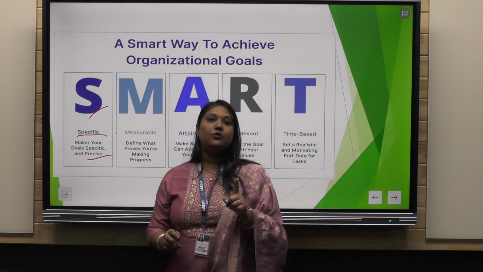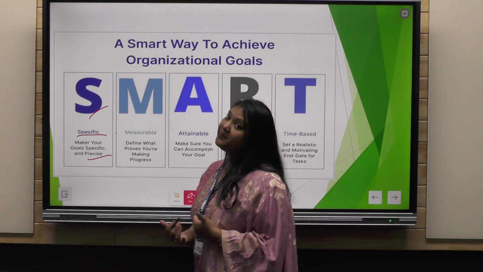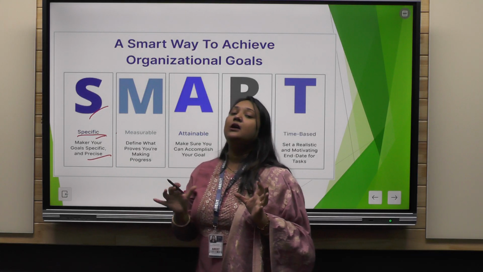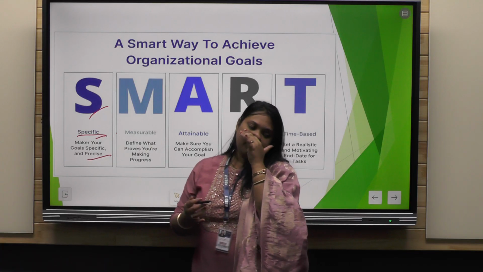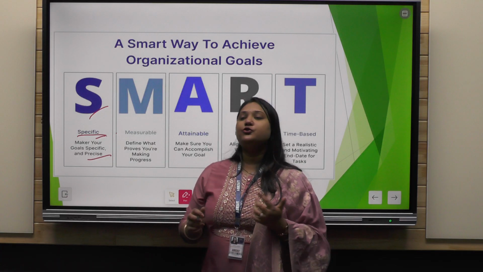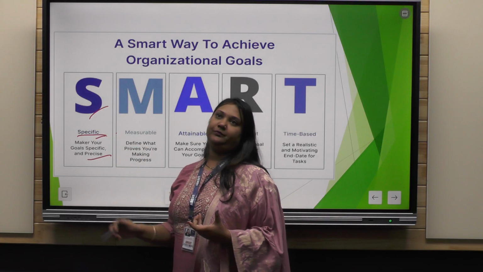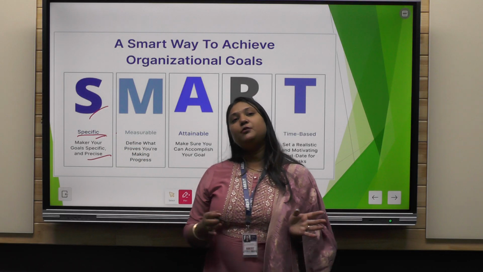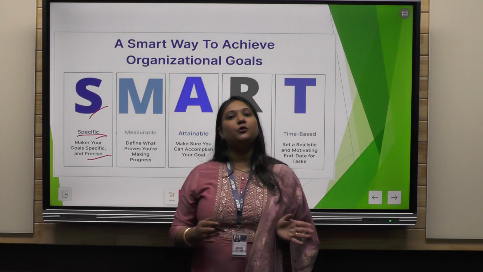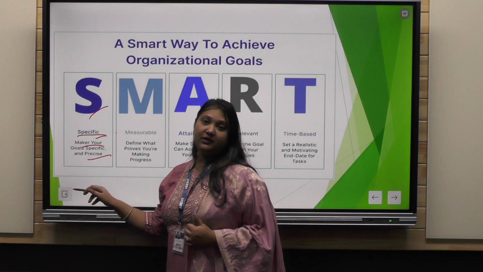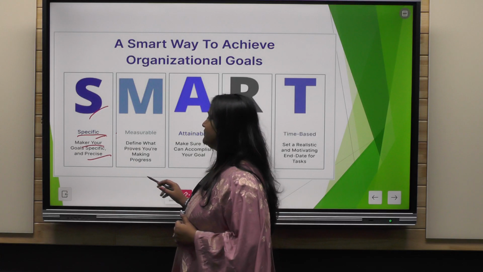There should be no multiple goals that cannot be achieved. You should know what your particular goal is and that goal should be achieved. Don't make a number of goals; short-term goals can be multiple but the long-term goal can be one. So be specific when you are setting an objective.